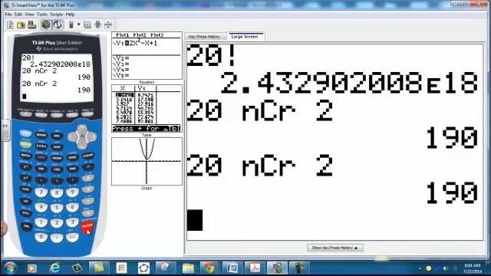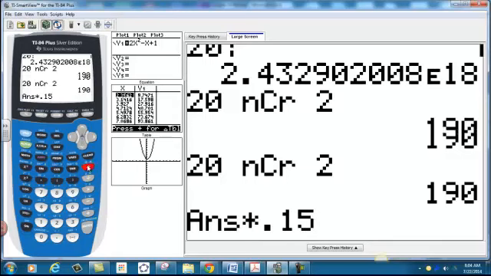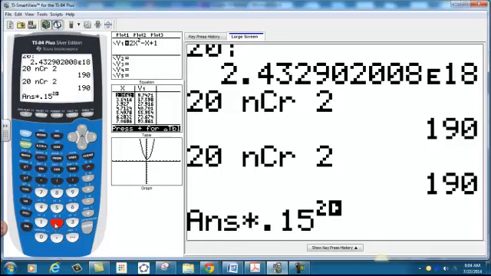And then I'm going to take that answer times 0.15, because there's a 15% chance of getting 2 toasters that need repair, and I'm going to raise that to the second power. And then I'm going to take that times the 0.85, and I'm going to raise that to the 20 minus 2 power, which is 18.